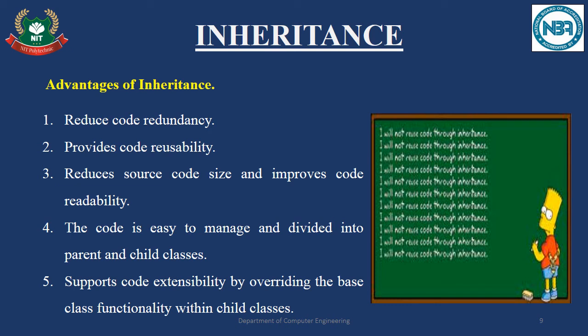Fourth advantage, the code is easy to manage and divided into parent and child classes. As we have seen earlier, the code size is small, that's why it is very easy to manage, and the code is further divided into parent class code and child class code, so it is very easy to manage.